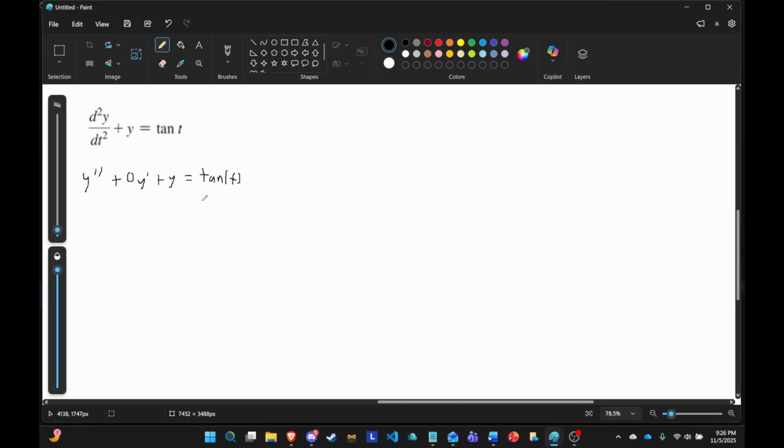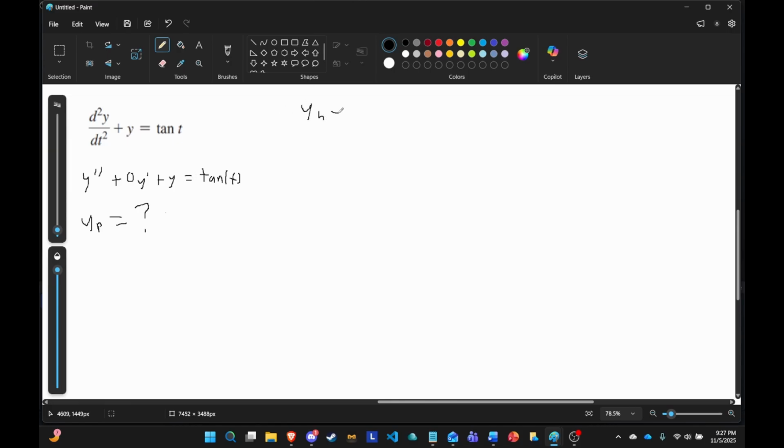So we can't set up our y of p right away because we have no idea what it might look like. We don't have a clue, unlike we did in the method of undetermined coefficients. We knew it would be a trig function of sorts, but here we're not entirely sure what it could look like. So we need to figure out what the homogeneous solution is first, and that could be very simple.